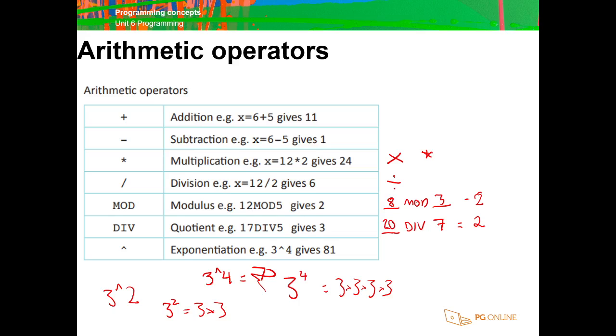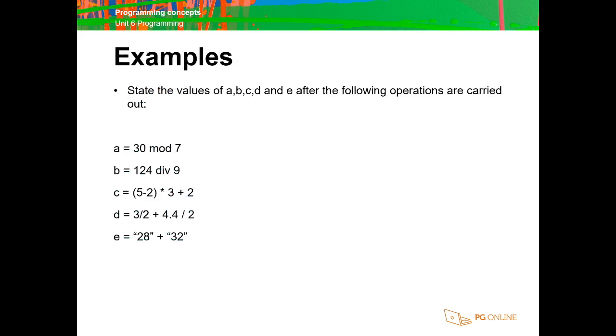Okay, right. There are some relatively straightforward questions. Pause the video, have a go, get your brain working, and then we'll go through the answers. So let's do the first one. 30 mod 7. This is saying, what's 30 divided by 7, and what's the remainder? Let's do the 7 times table: 7, 14, 21, 28, 35.